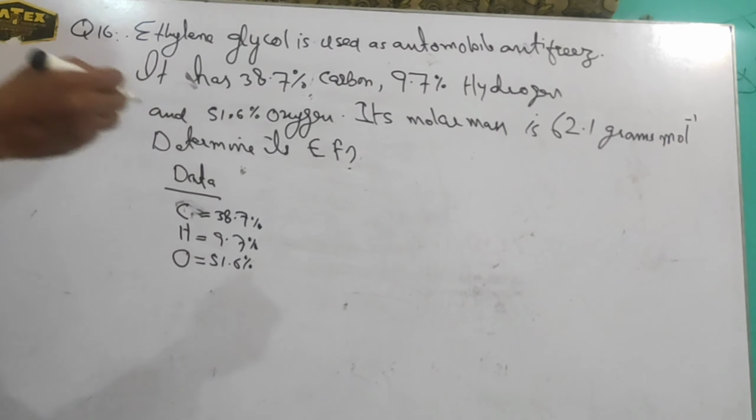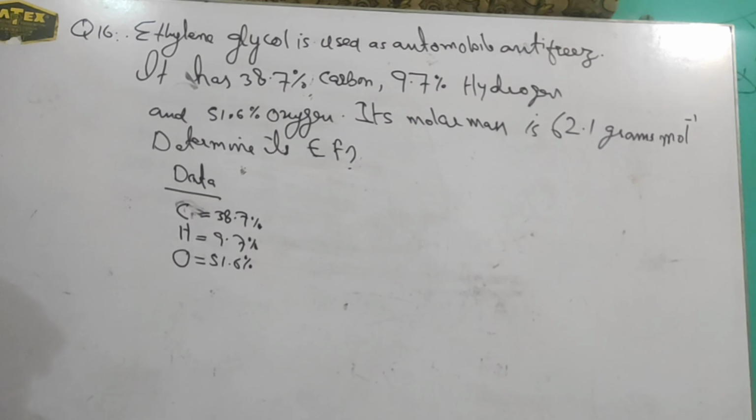There are 4 or 5 steps of empirical formula. The first step, detection of elements, that is already given, and also the masses of each element. The third step is the percentage of each element. Percentage is already given.